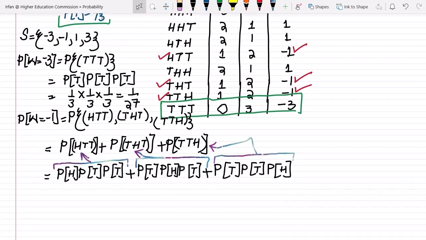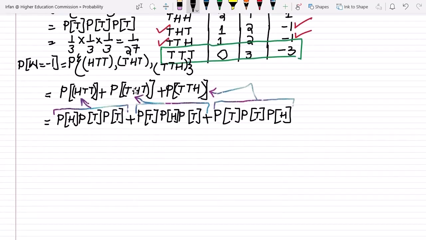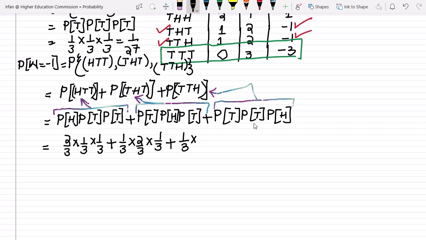So writing them here, the probability of heads will be 2/3 multiplied by 1/3 multiplied by 1/3, plus the probability of tail, 1/3, multiplied by the probability of heads, 2/3, multiplied by 1/3, plus 1/3 multiplied by 1/3 multiplied by the probability of head, which is 2/3.